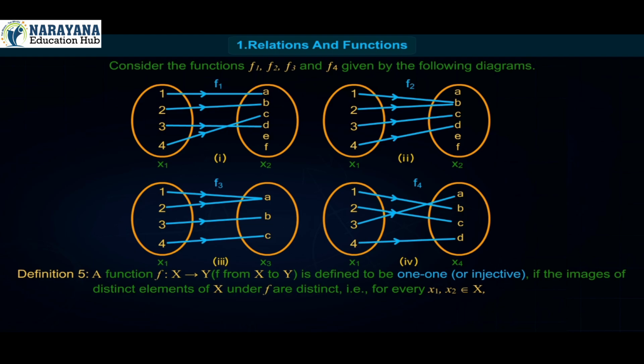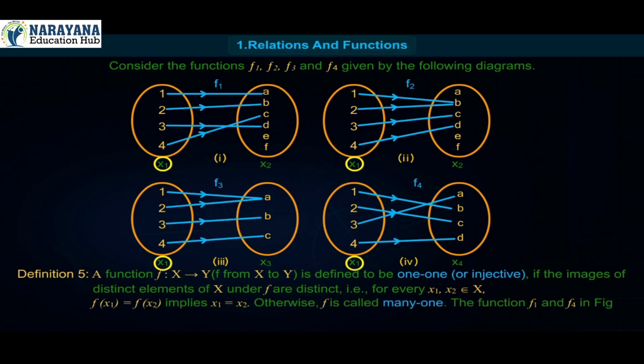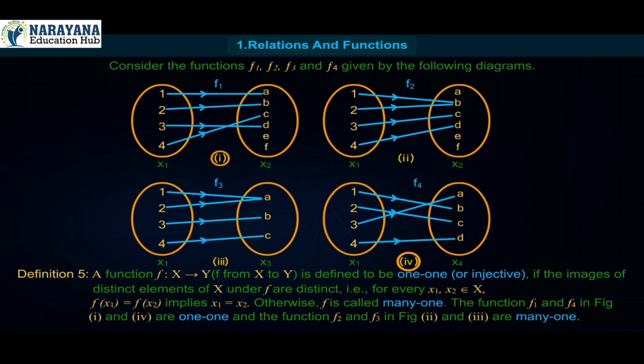That is, for every x1, x2 belonging to X, f(x1) equals f(x2) implies x1 equals x2. Otherwise, f is called many-one. The functions f1 and f4 in figures 1 and 4 are one-one and the functions f2 and f3 in figures 2 and 3 are many-one.